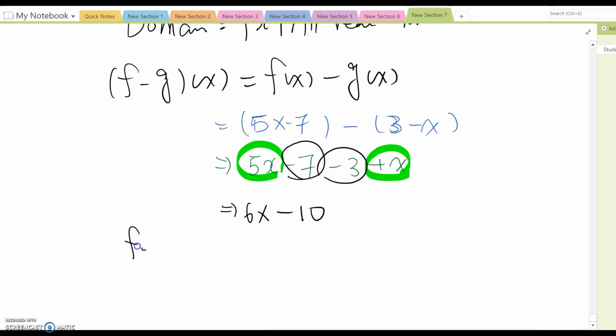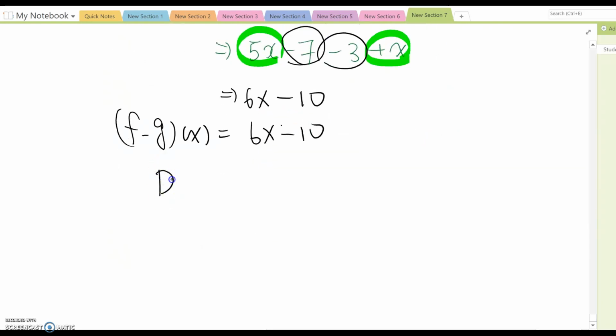So (f minus g)(x) is also linear form. Therefore, the domain becomes x is any real number.